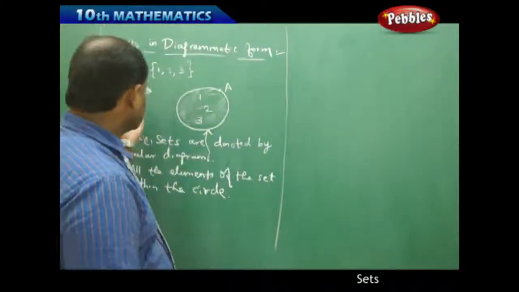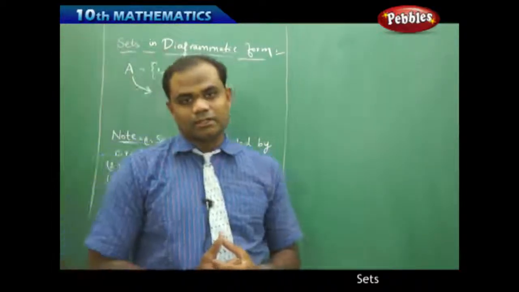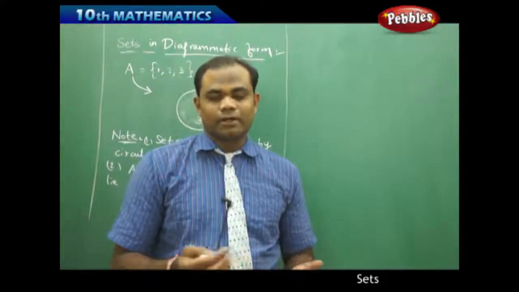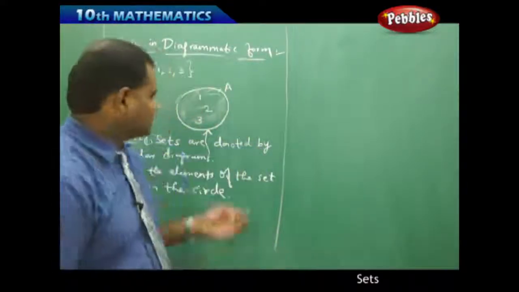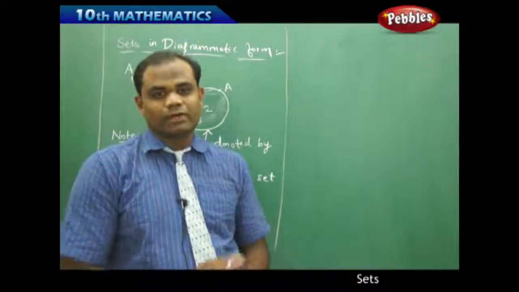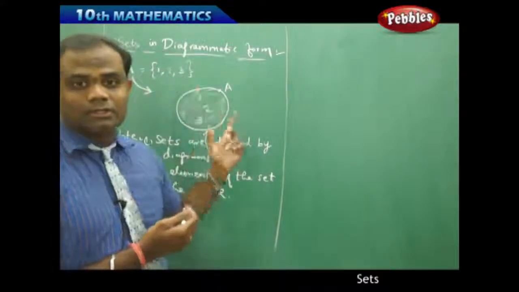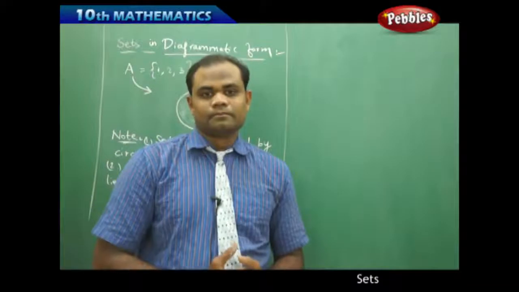Now, for a finite set, I have finite elements inside the circle in the diagrammatic form. If there are infinite elements, there would be infinite elements inside the circle, covering the entire area of the circle considered for the given set.